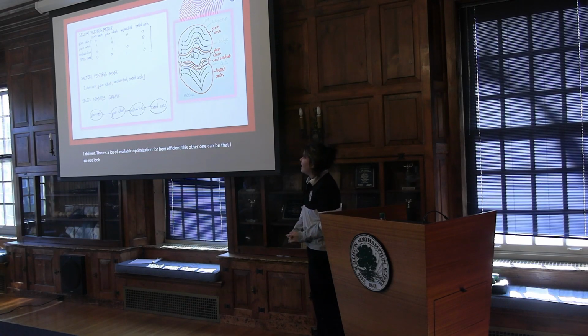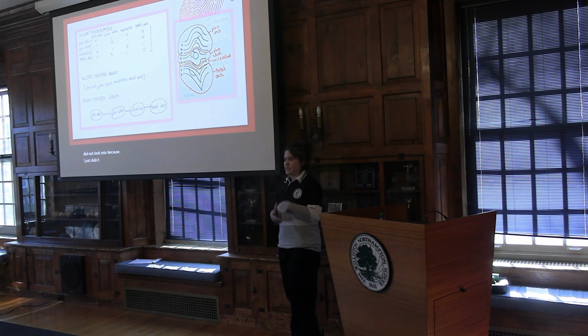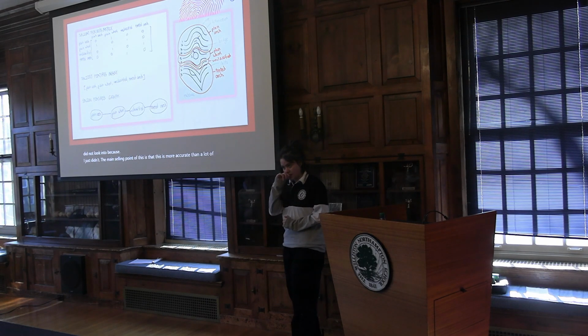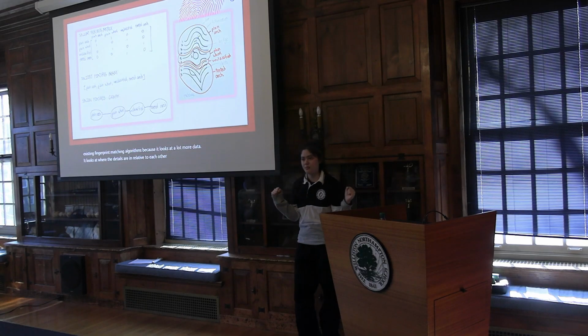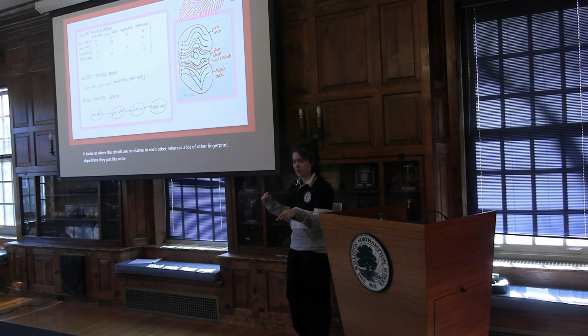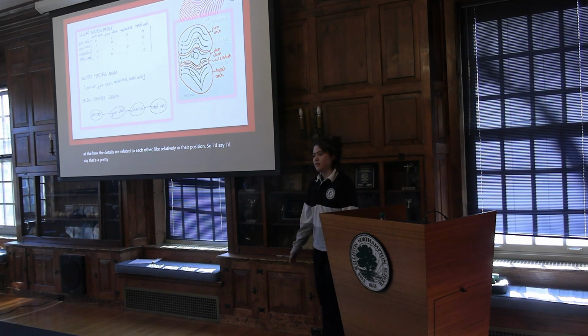The main selling point of this is that it is more accurate than a lot of pre-existing fingerprint matching algorithms because it looks at a lot more data. It looks at where the details are relative to each other, whereas a lot of other fingerprint algorithms just write down what the details are. But this algorithm actually looks at how the details are related to each other in their relative position. So I'd say that's a pretty good selling point.